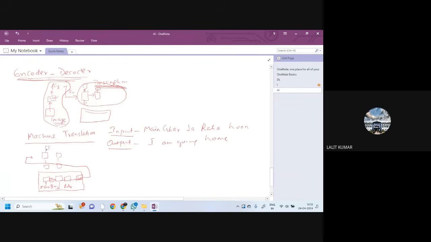This is the output. So here will be I, am, going, home, and here will be stop. Here will be I am going home. So basically, the motivation for this attention mechanism, this encoder decoder part is clear, okay?